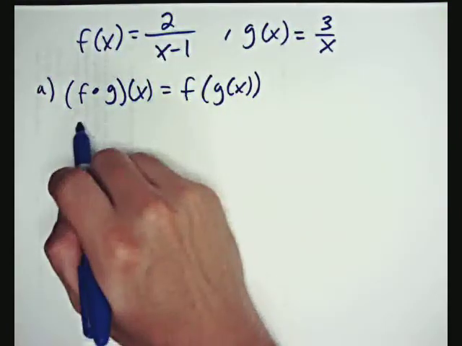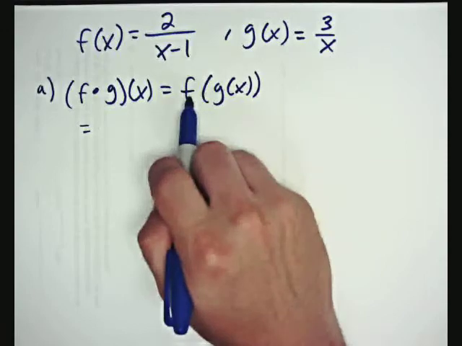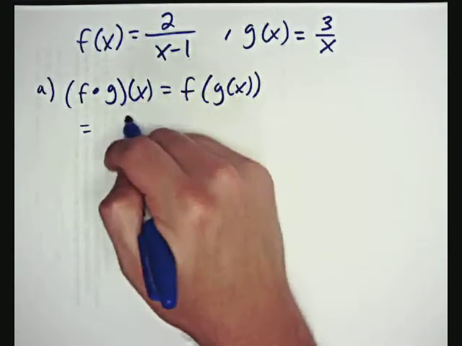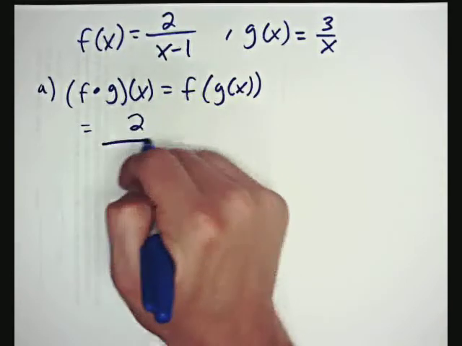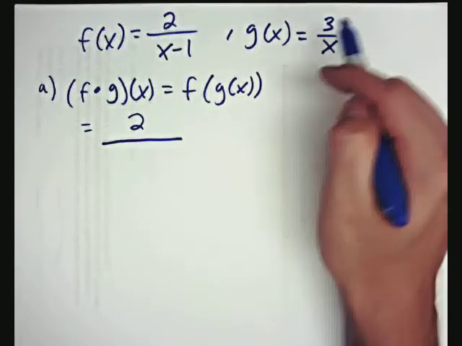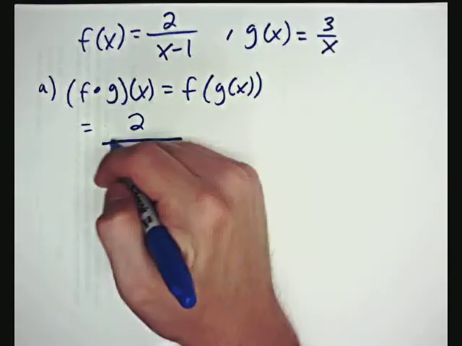So we want to take the function f and input g into the function f. So 2 over, instead of x minus 1, replace x with 3 over x.